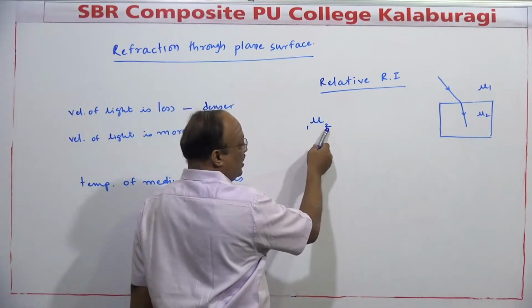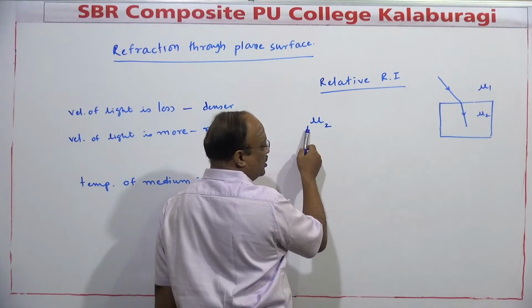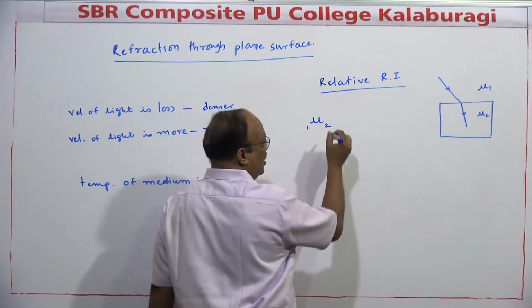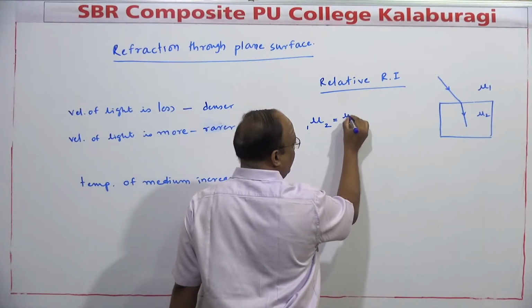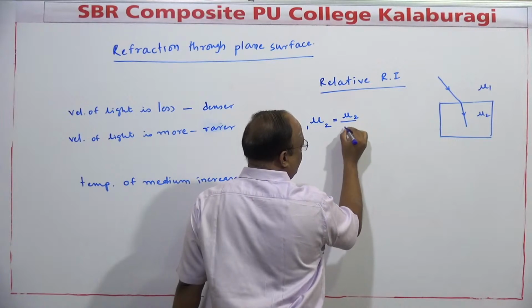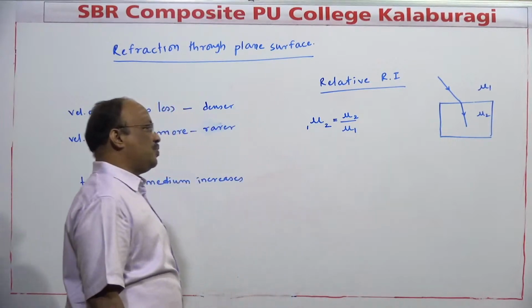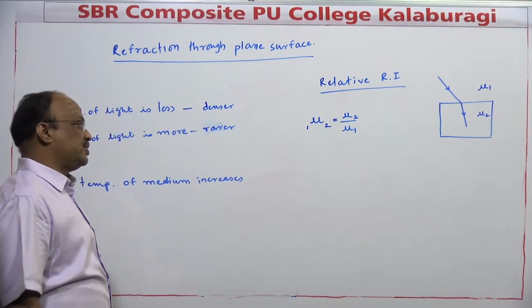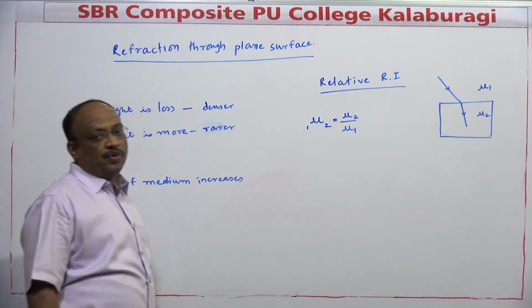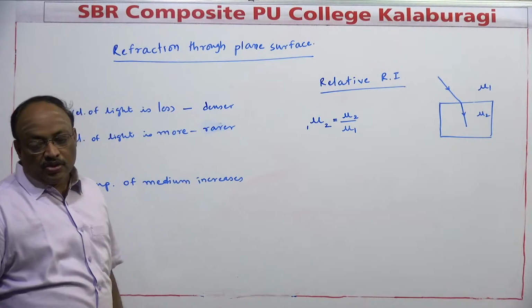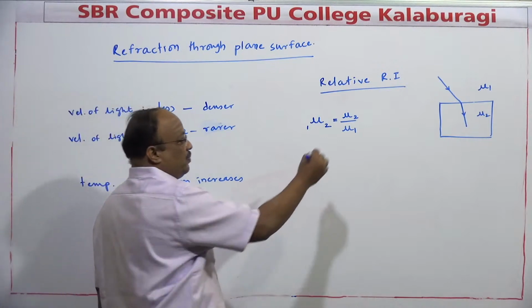The refractive index of the second medium with respect to the first medium, how do we read it? We read it as mu2 by mu1.